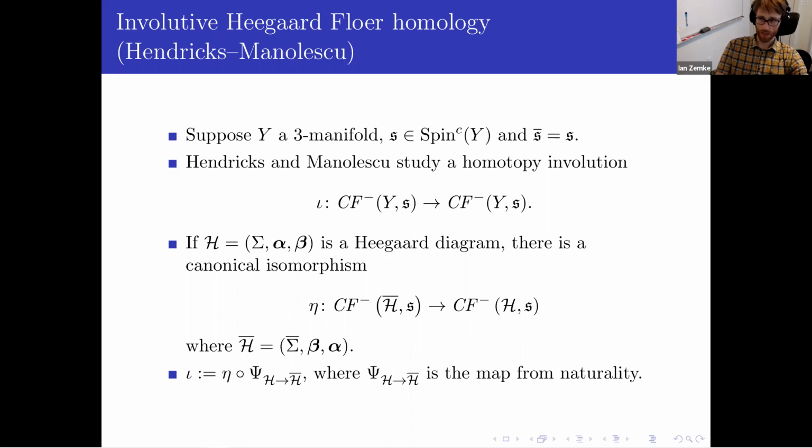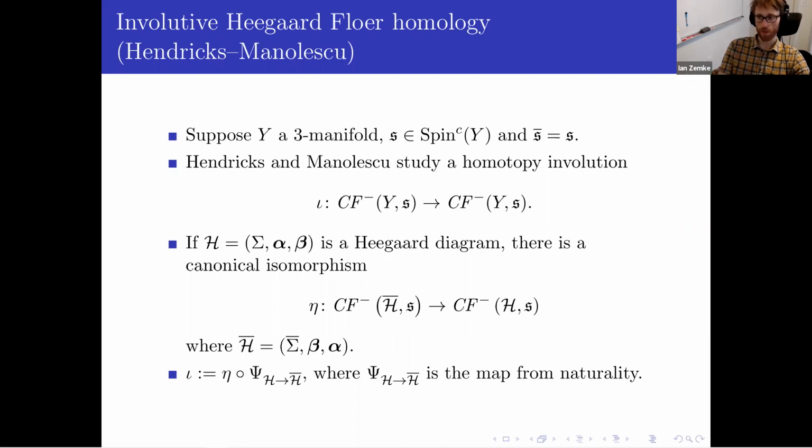So these are two perfectly valid Heegaard diagrams for the same 3-manifold, so we can connect them by some horribly complicated set of Heegaard moves. And so for the involution, we want an endomorphism of just one complex. We don't want an isomorphism between two different complexes. We want an endomorphism of one. So we take the composition.